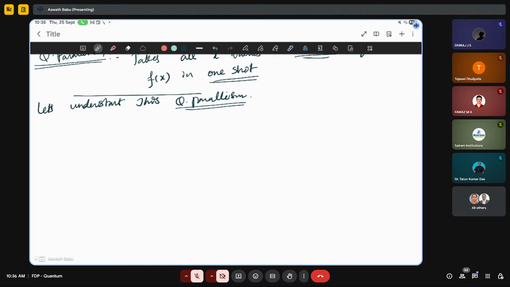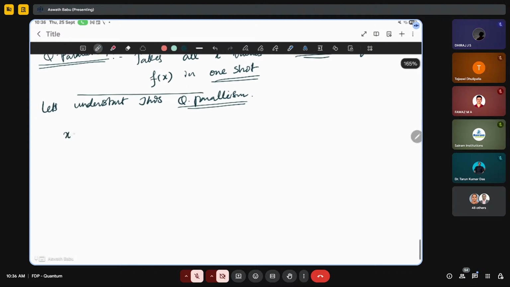Let's say x is 0 and 1, and I want to find f of x for these values.